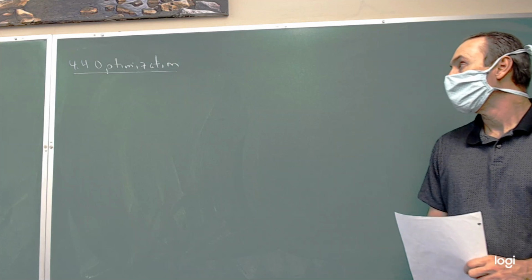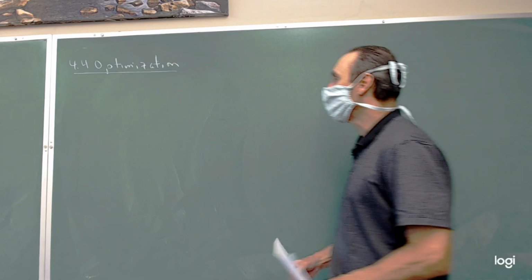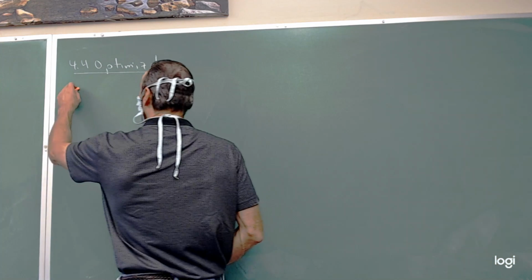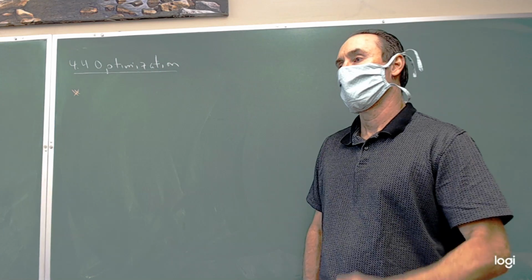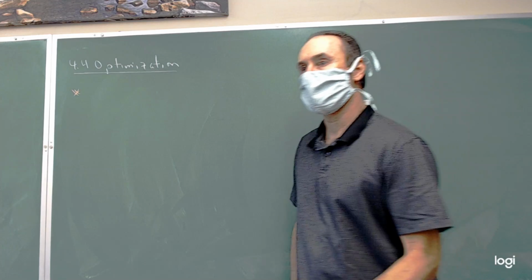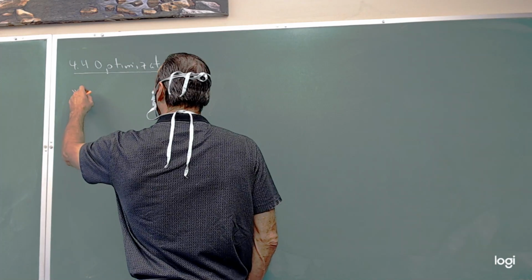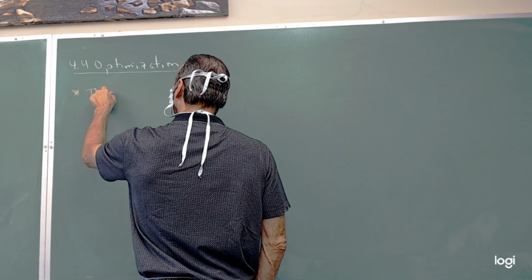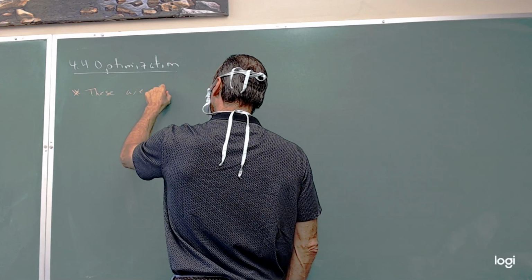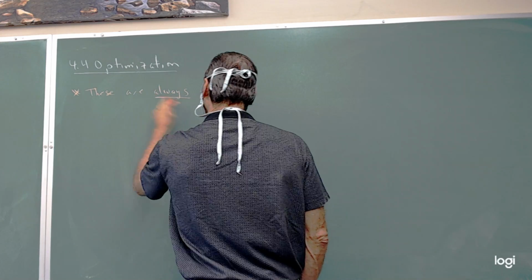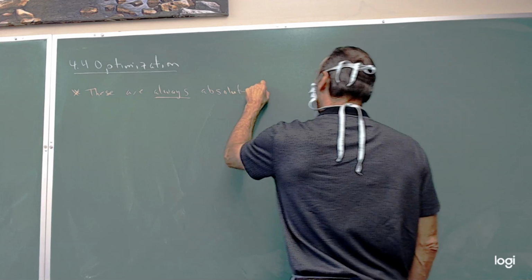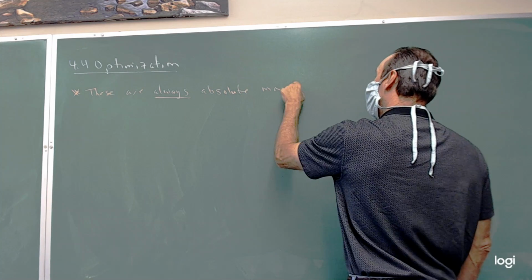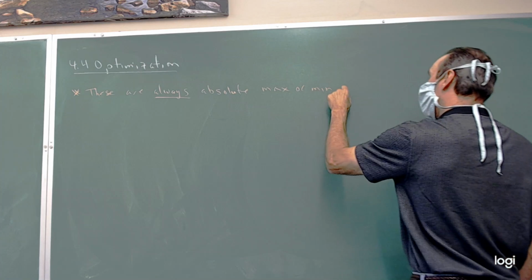So I think a key to remember is that any optimization problem is always an absolute max or absolute min problem, always. So these are always absolute max or min problems.